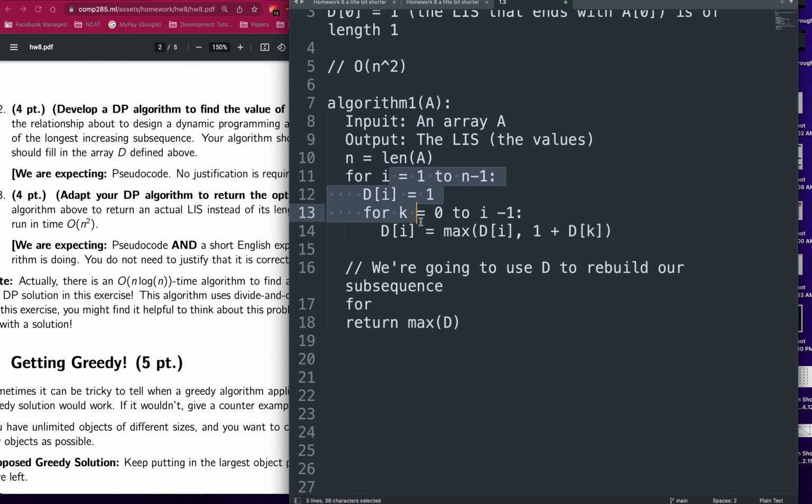The other way to do it is you can actually modify the algorithm, when you are finding the maximums, to keep track of things. So DI you fill in, and it tells you that that is the index of the last element.